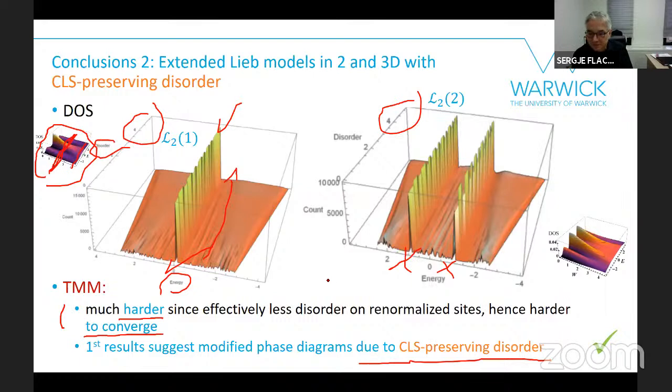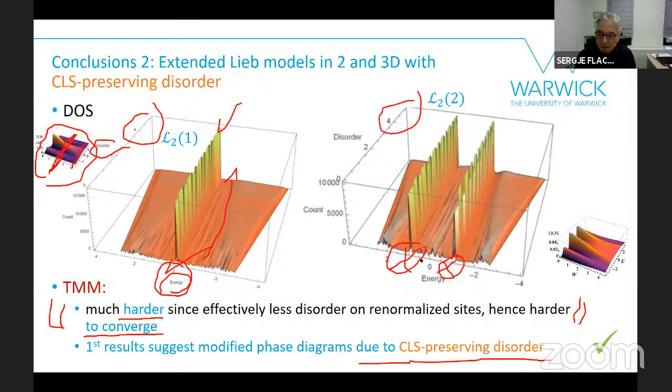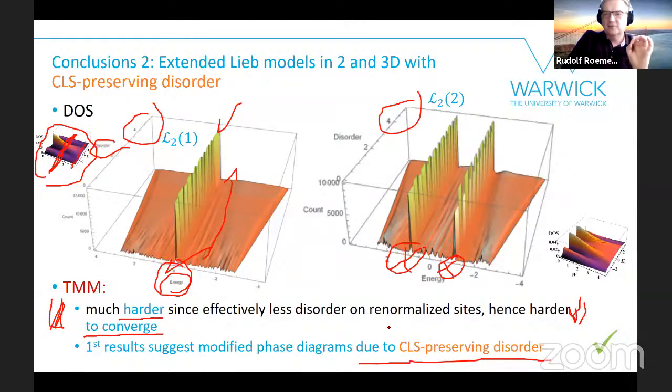That's quite funny, actually. That is true. First of all, adding a bit of off-diagonal disorder, hopping disorder, leaves the energy equals zero states invariant, but I don't think it leaves the other states invariant. No, probably not, because they are not protected by chiral symmetry. Exactly. And I told you already, this transfer matrix is much harder to converge. So what we're currently doing is adding a sprinkling of hopping disorder in the model, and that allows us to converge the transfer matrix for these particular states.